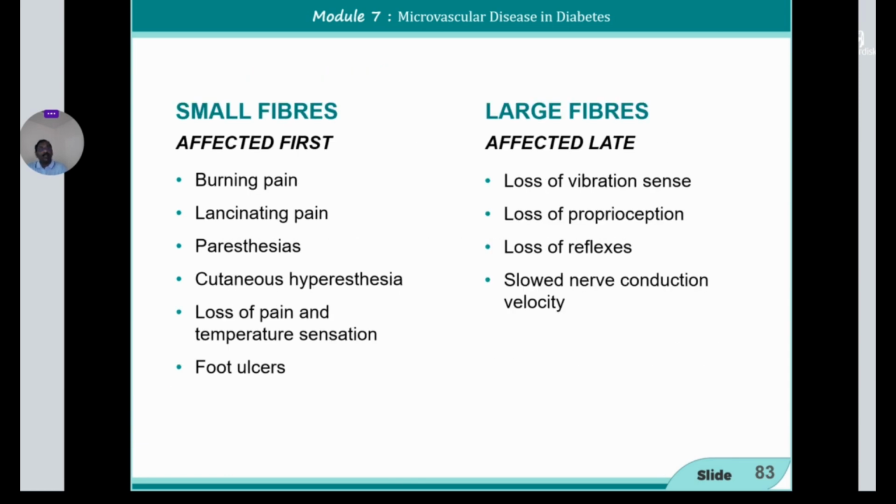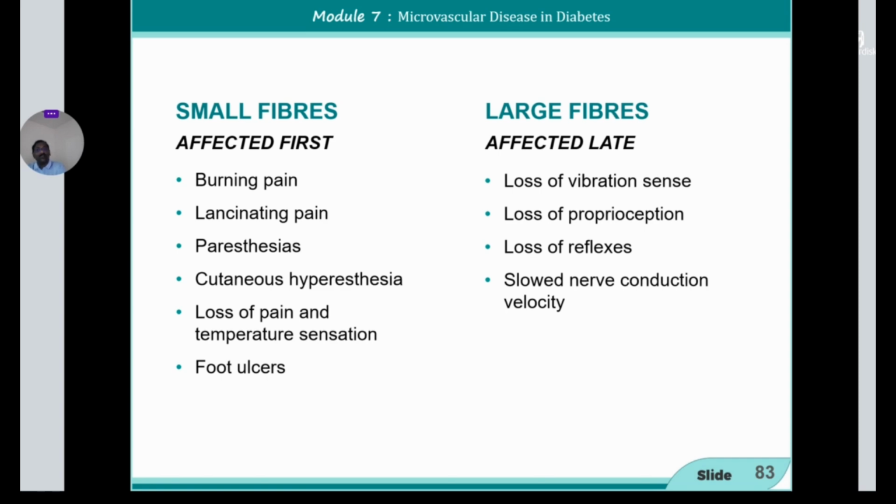As I told you earlier, there is small fiber neuropathy and large fiber neuropathy, but most people have a combination of the small and the large fiber neuropathies. When the small fibers are affected first, they present with burning pain, lancinating pain, paresthesias, cutaneous hyperesthesia, loss of pain and temperature sensation, and some ulcers.